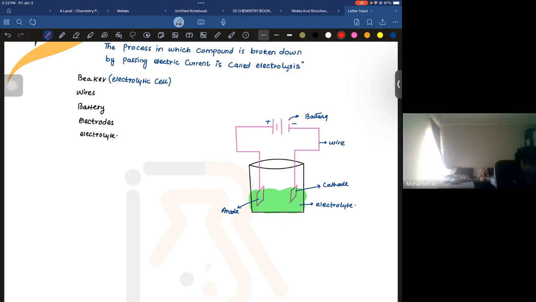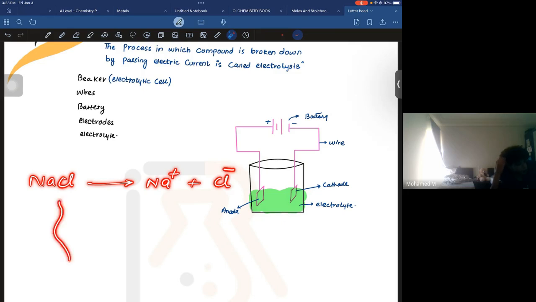So we can define an electrolytic cell as the cell which converts electrical energy into chemical energy. What do you mean by this? Let's suppose I have sodium chloride and I am providing electricity to it. It would be breaking down into this and this.